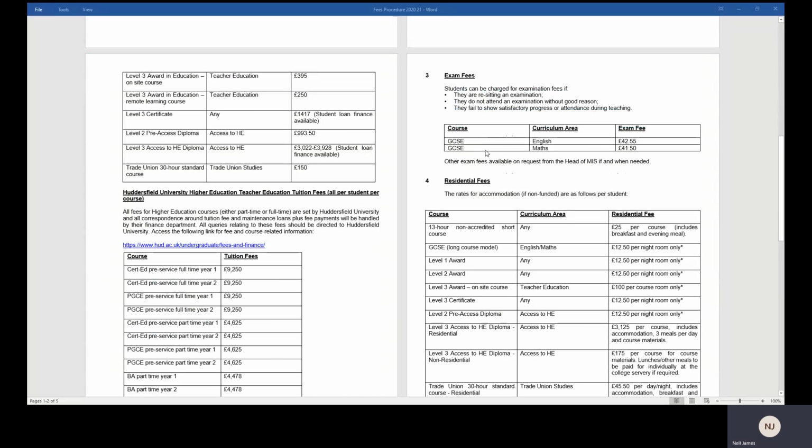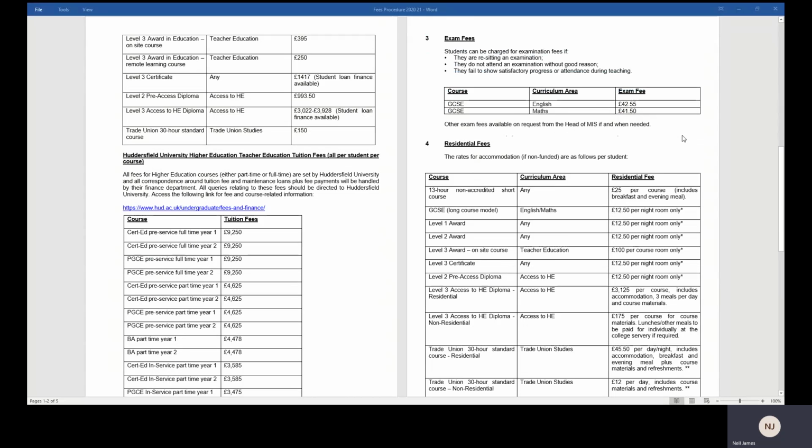So just a couple of examples there at the moment for GCSE English and Maths, and that's the standard fee that the college charges for those exams. Just put a note there, if and when other exam fees come up in these circumstances, then you can talk to Steve Howarth or myself, and we will work something else out as well.